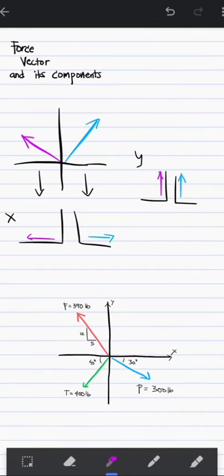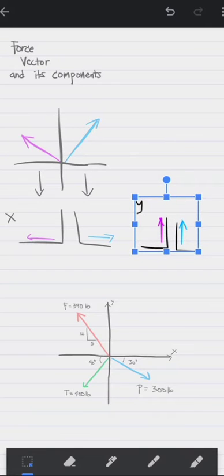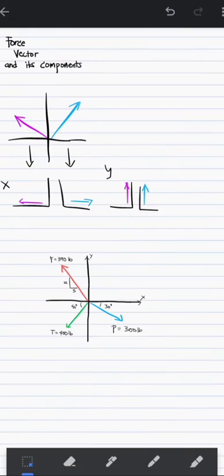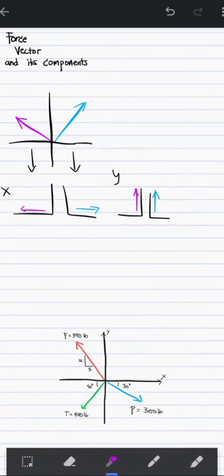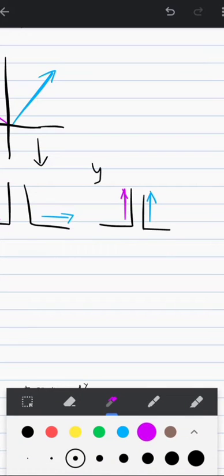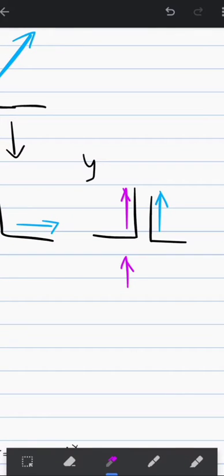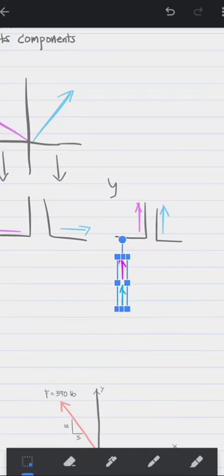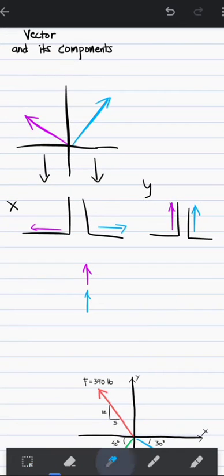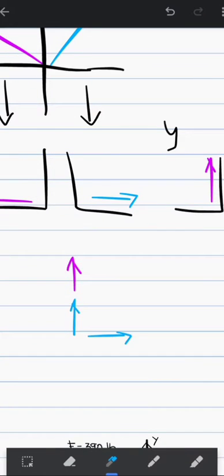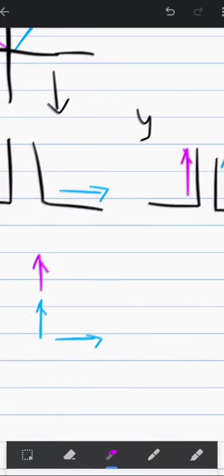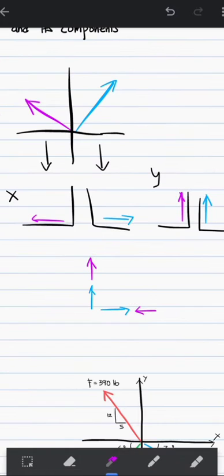And if this is now the setup, it is now easy to add them because they lie on the same axis now. So if we add all the forces in the y, we'll get this one and this one, right? And if we add all forces in the x, we'll get this one and this one going to the opposite.